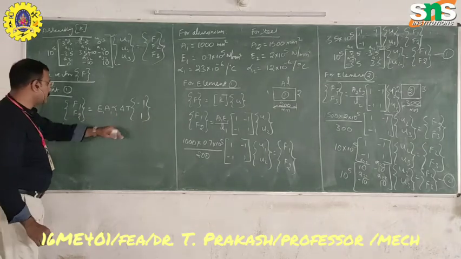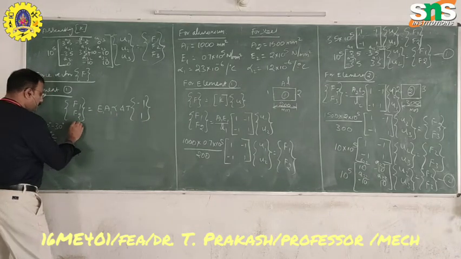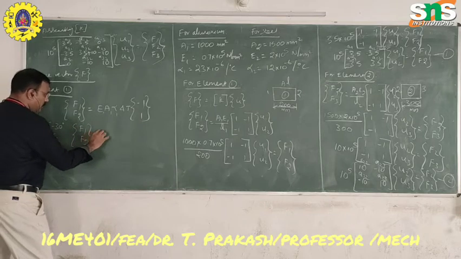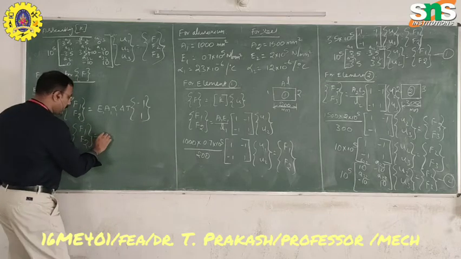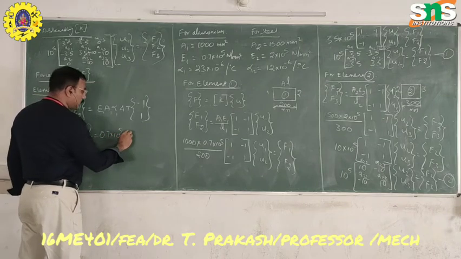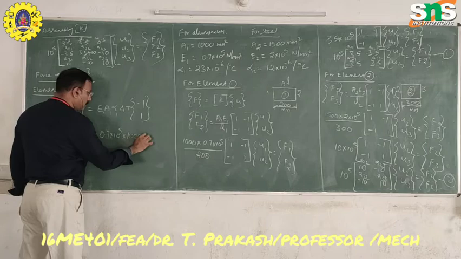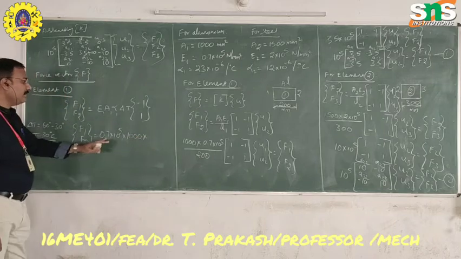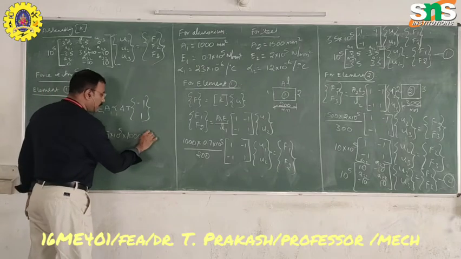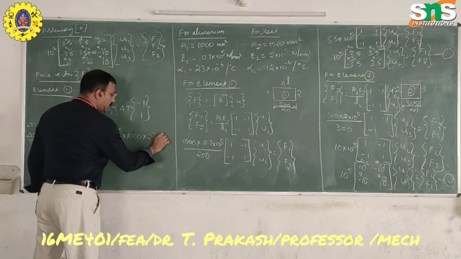You substitute for the first element, aluminum, to solve F1, F2. What is the E value? 0.7 into 10 to the power 5. Area A1 is 1000. Check that all values are in degree Celsius and millimeter. Then alpha 1, the thermal coefficient, is 23 into 10 to the power minus 6 per degree Celsius.